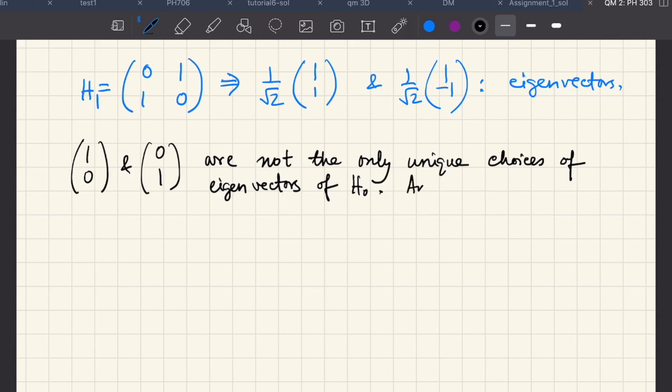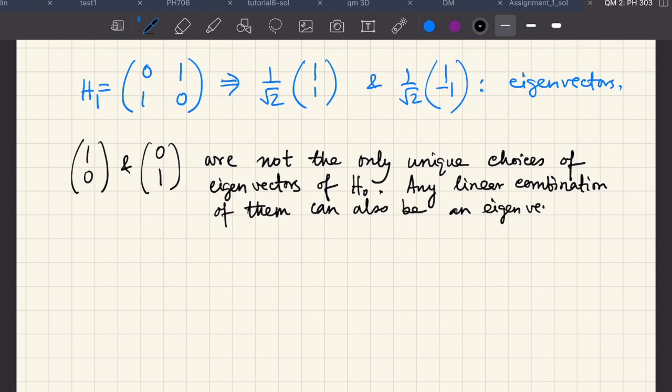Any linear combination of them can also be an eigenvector of H naught. And hence the space of eigenvectors of the unperturbed matrix H naught is the span of the two vectors that I have written here, (1, 0) and (0, 1).